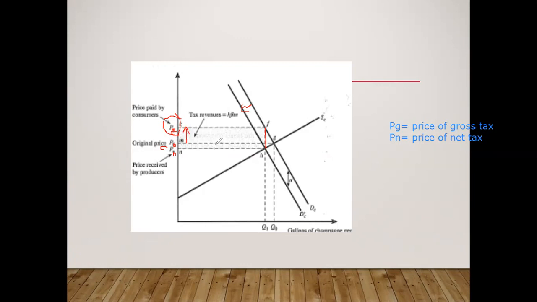But the consumer price does not increase by the full amount of tax. The full amount of tax is PG minus P0. This is the full amount of tax. It is not exactly what the consumer is paying. It is less than U, right?